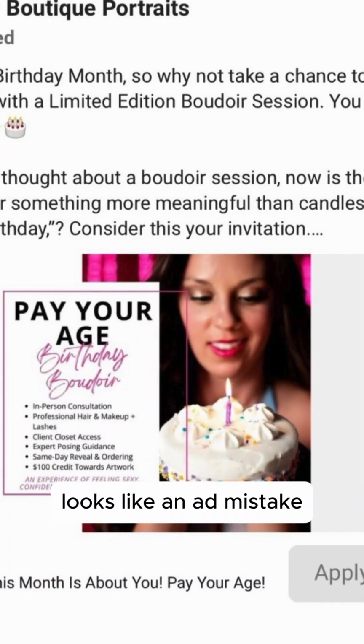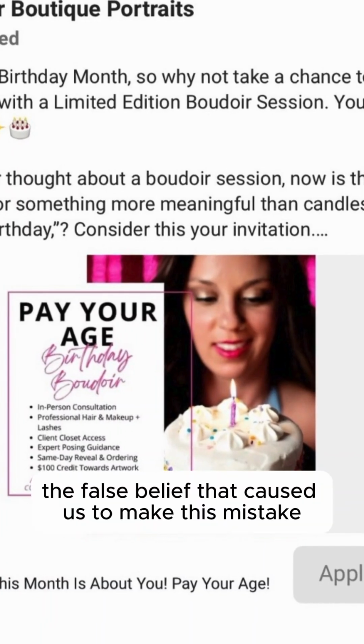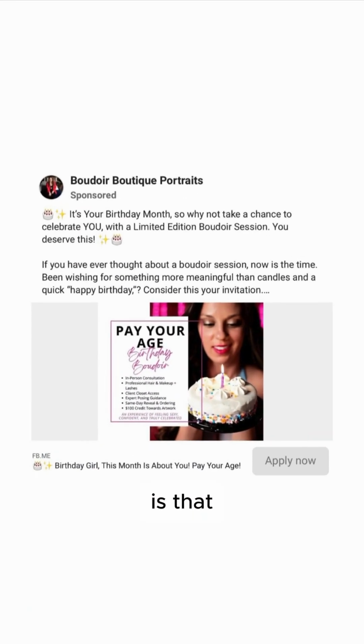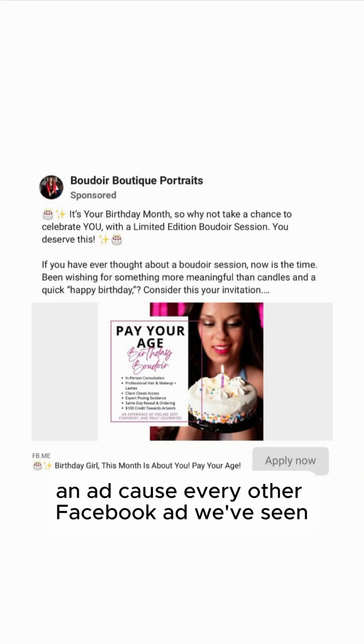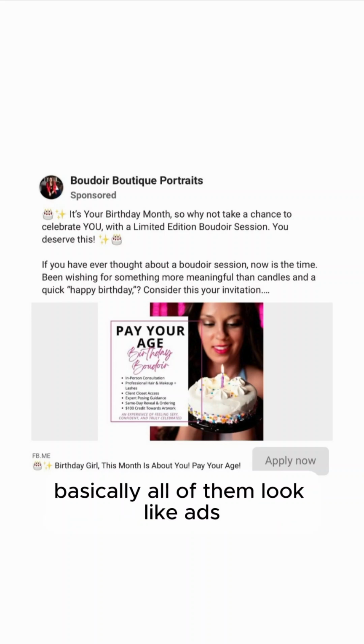Next, look at the creative. We got the looks like an ad mistake. The false belief that caused us to make this mistake is that we're making it look like an ad, because every other Facebook ad we've seen, basically all of them look like ads.